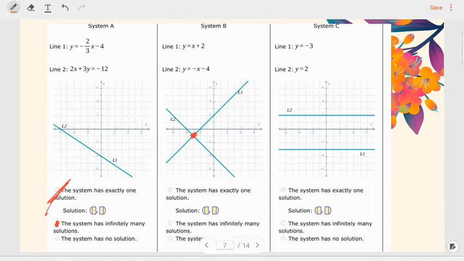They only have one solution in common. What is my solution? Remember to list the x value first and then the y. So this ordered pair is -3, -1. And for system C, these two lines are parallel, meaning they're never going to cross. So I would say that this system has no solution.